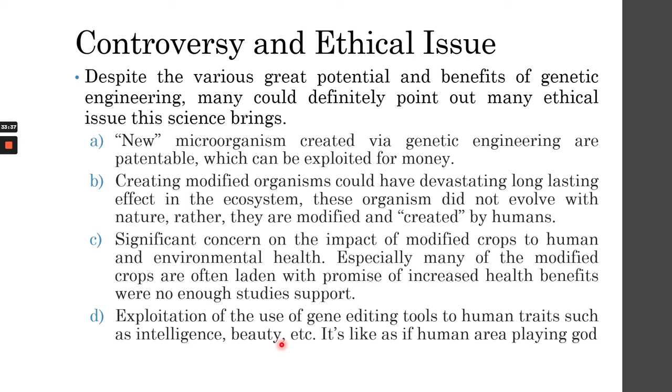We can create a tall one, a beautiful one, and this is why we call it a designer baby. We can pick and choose which traits we want our babies to have. And that is like playing God. You can think of it that way. You may think it's good, you may think it's bad, but it's an ethical issue.